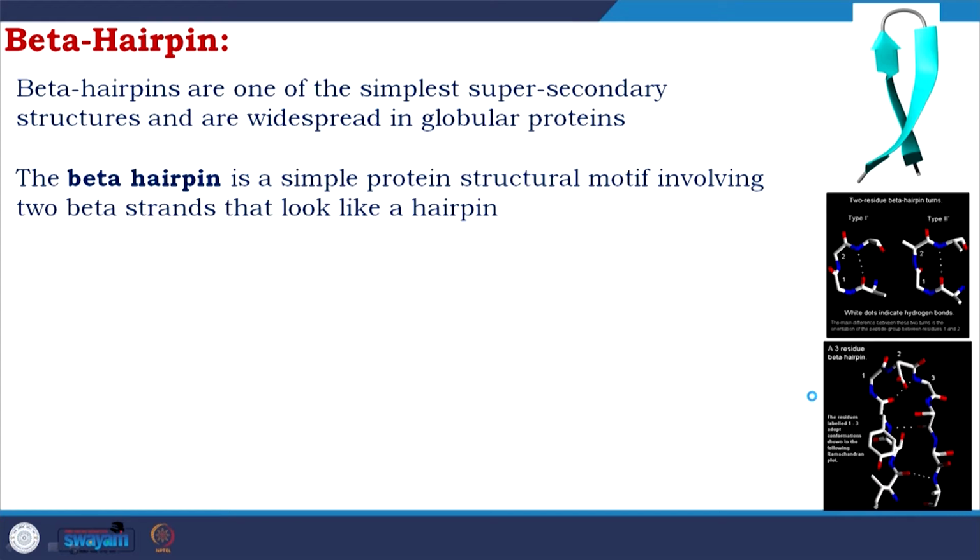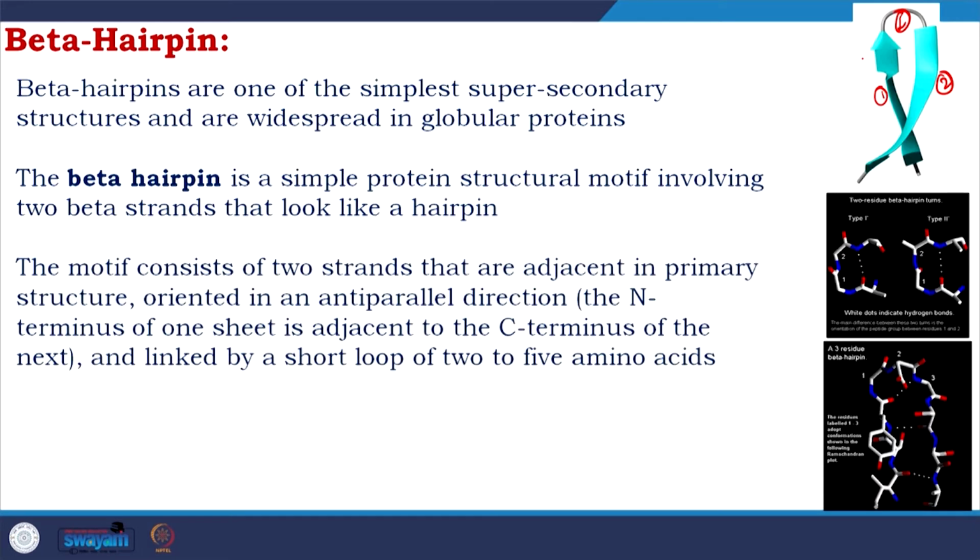If you see here, one beta strand, two beta strand connected with a loop, and it looks like a hairpin. The motif consists of two strands that are adjacent in primary structure, oriented in an anti-parallel direction. So, because of that, it goes in an anti-parallel direction.